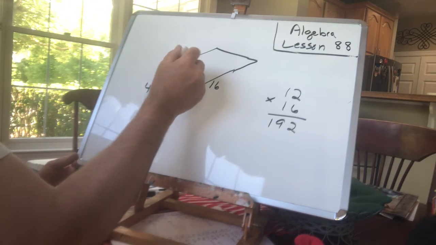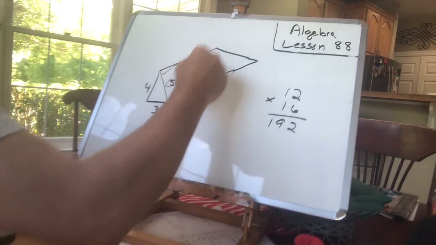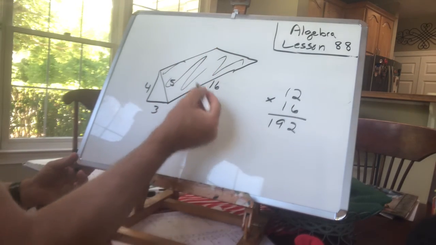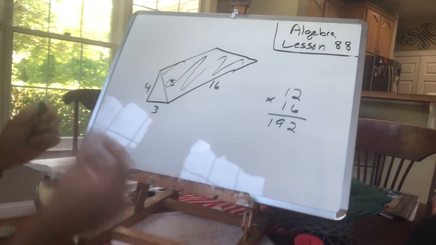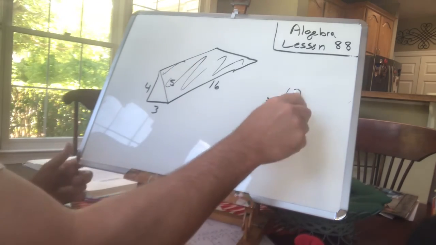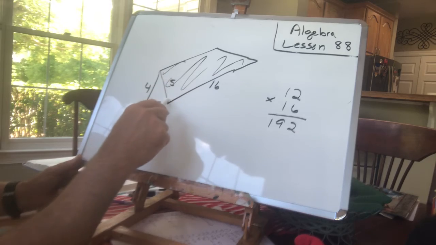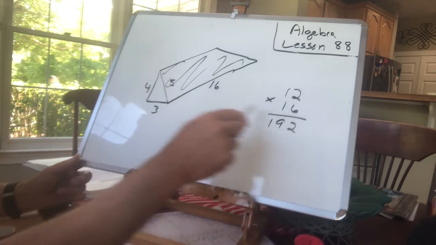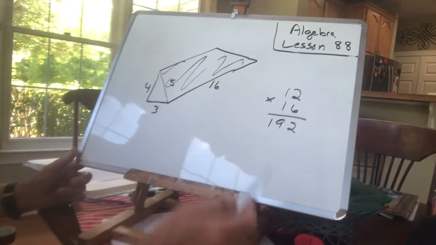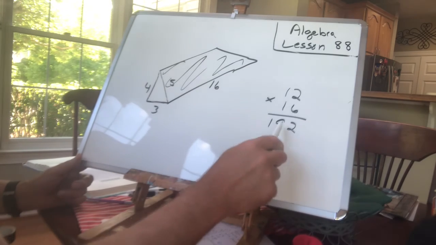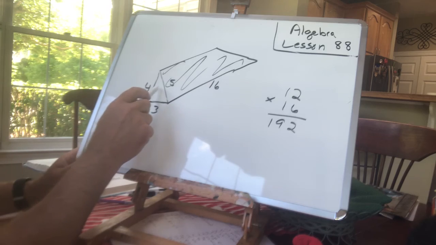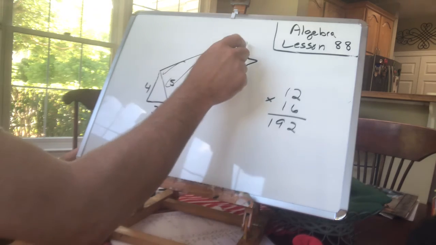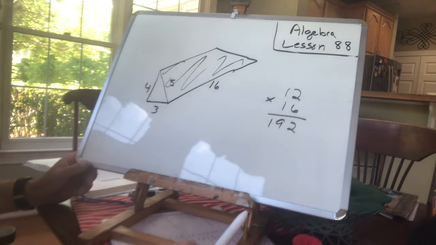That means I found the area of this front side right here, I found the area of the bottom of it, and I found the area of the other side, right? And it all came up to adding the sides of this triangle and multiplying it times the height of the right solid. I got 192. Now what I need to do is find the area of this triangle and the area of the back side, which are both the same.